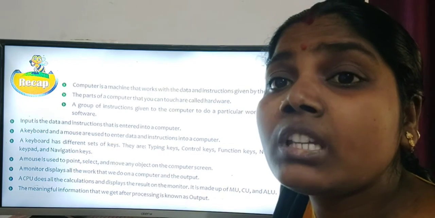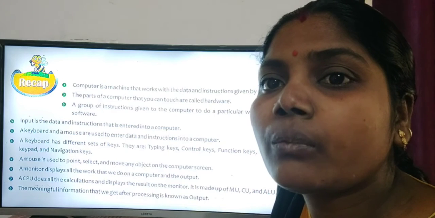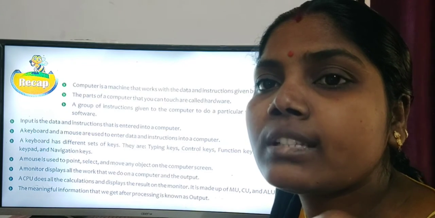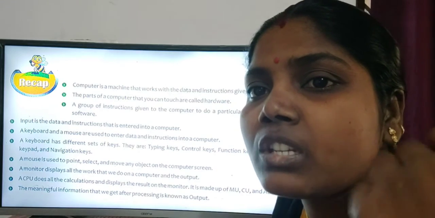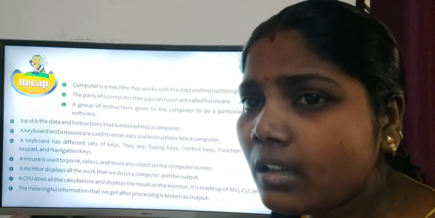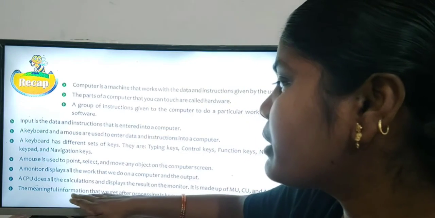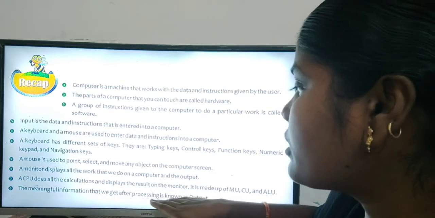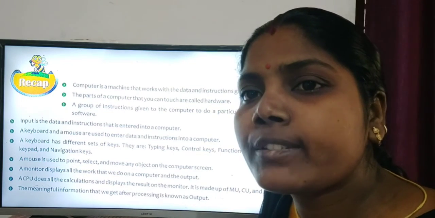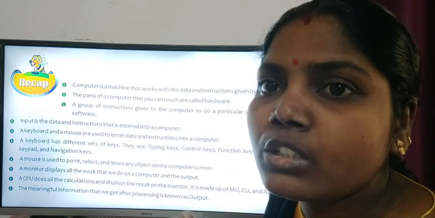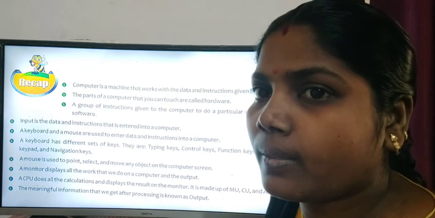Whatever input instruction you give to the computer, the CPU processes it and shows the result on a monitor. The meaningful information that we get after processing is known as output.